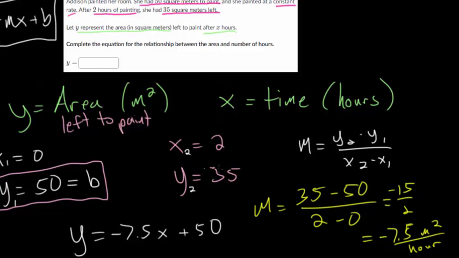And the second data point after 2 hours, so we're going to plug that in here. So you get minus 7.5 times 2, which is minus 15. Minus 15 plus 50 is 35. So when you plug in at 2 hours, you do get back that there's still 35 square meters left to paint. And since all of that worked out, since this makes sense with our data, we know for sure that this is the right equation.